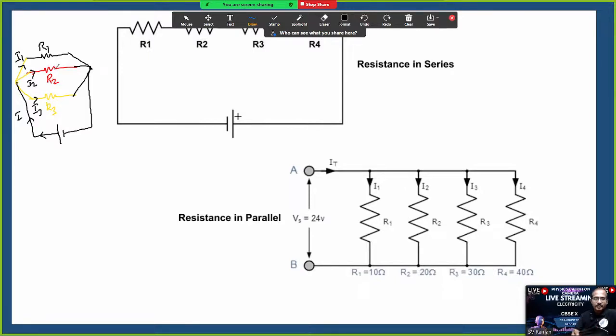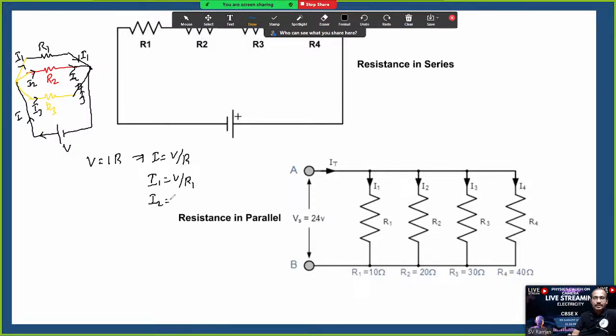Here again the same currents I1, I2 and I3 come together, so I1 plus I2 plus I3 will be again I. Clear? Now, according to Ohm's law, V is equal to IR, then I is equal to V by R. At R1, apply Ohm's law again: I1 is equal to V by R1.